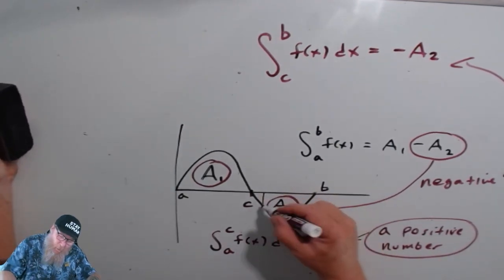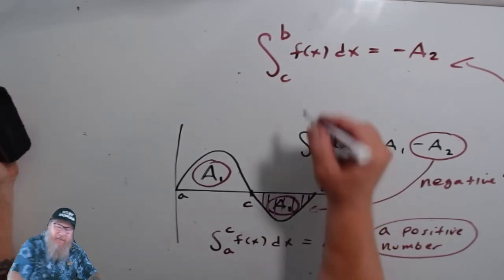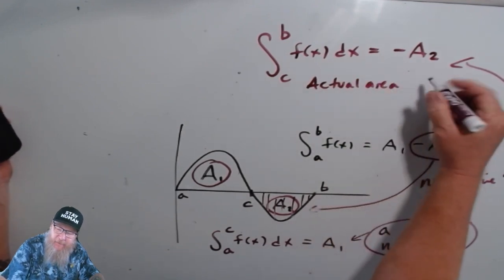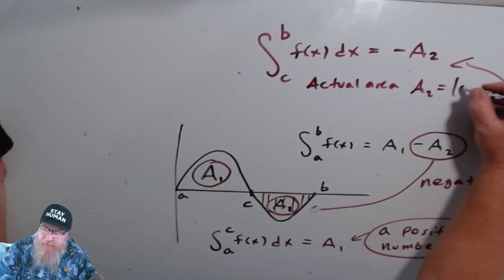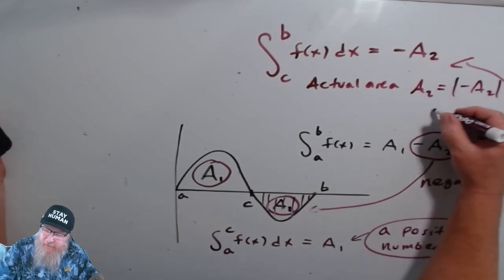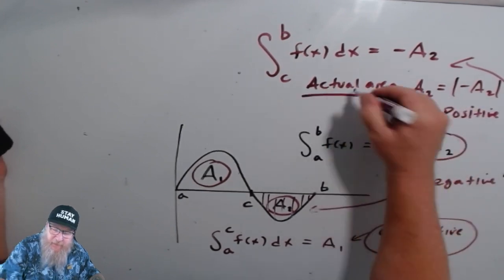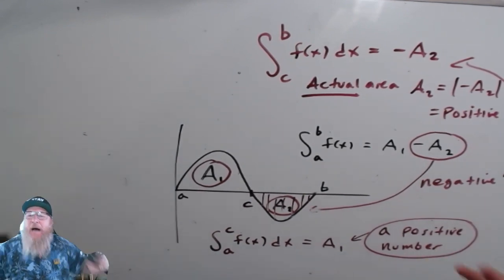Because the y values are negative, so the actual area, A2, is the absolute value of negative A2, which would then be positive. So actual area is always positive.